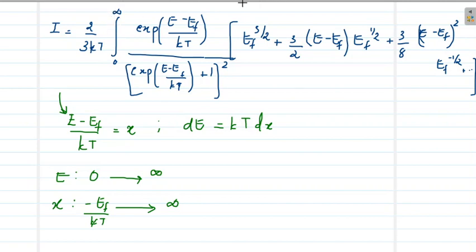Now, this factor minus kt by EF, we know the graph of f of e for higher temperature is usually given as shown in this picture. So let me draw the graph.